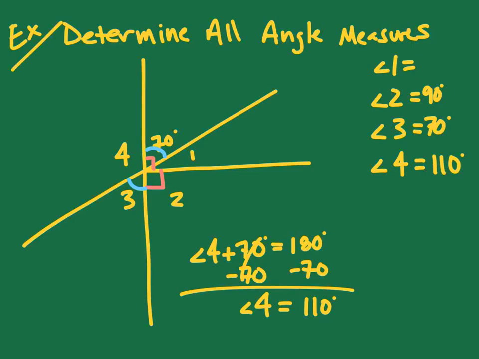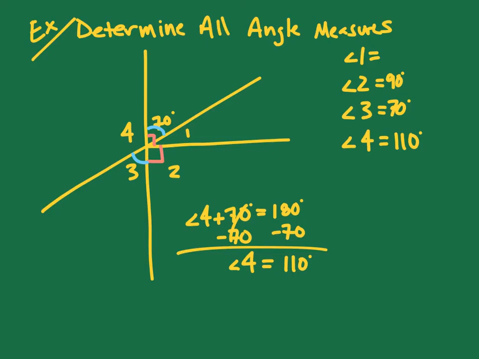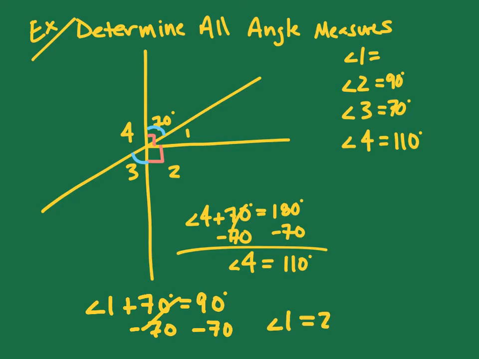So what I then know is that angle 1 and 70 degrees are complementary. So I'm going to do angle 1 plus 70 degrees equals 90. All right, so complementary angles add up to 90. I'm going to subtract 70 from both sides, and I'm going to get that angle 1 is equal to 20 degrees. So the cool thing is that given certain pieces of information, I can then use the properties of what we already know to find all the other angle measures in this picture.